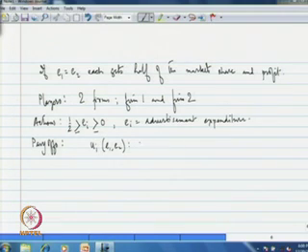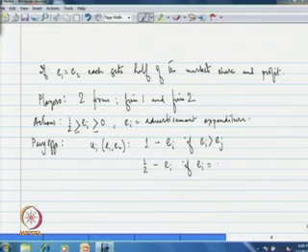It is equal to S of Ei, sorry, if it spends more than the other firm, it gets the entire market, which means it gets 1 minus Ei if Ei is greater than Ej, and it is half minus Ei if Ei is equal to Ej, and it is equal to minus Ei if Ei is less than Ej.